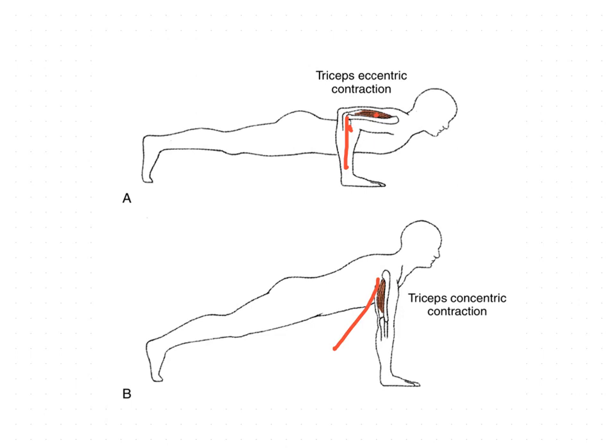And the triceps is acting concentrically when the elbow is extended and the body is coming away from the ground during the push-up action. Okay, so these two positions and these two functions are taking place in a closed kinematic chain.